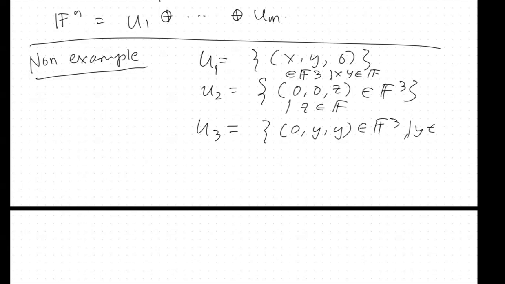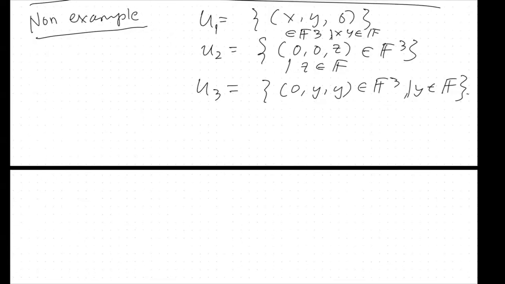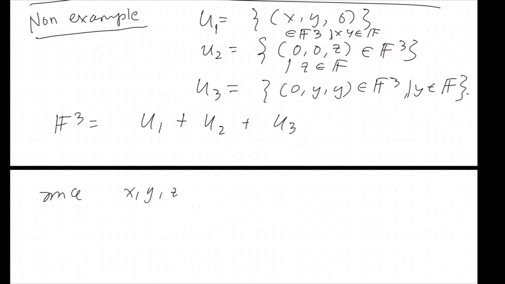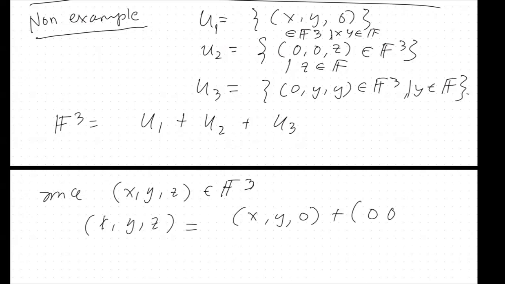Here, y is in F. Note that F^3 is, yes, the sum of U1, U2, and U3, since if we get an (x, y, z) in F^3, we can write (x, y, z) as (x, y, 0) plus (0, 0, z) plus (0, 0, 0).